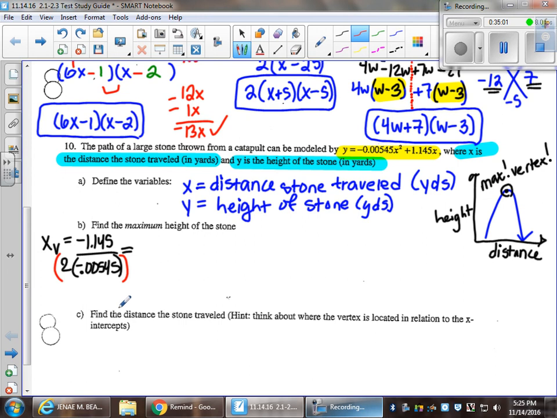So in your calculators, type in negative 1.145, divide by, and then in parentheses, put your 2 times negative 0.00545. We should get 105.